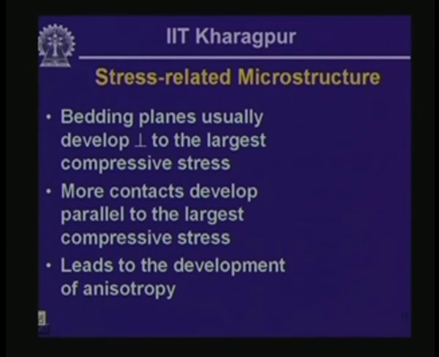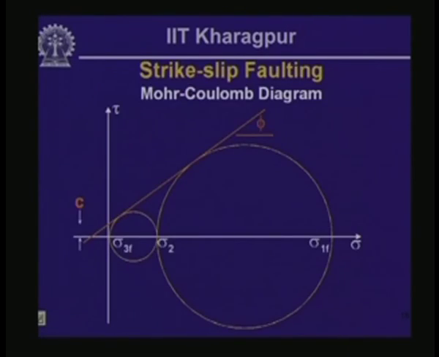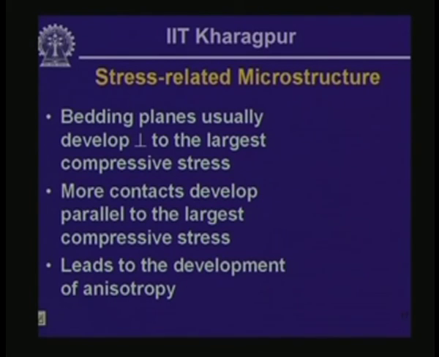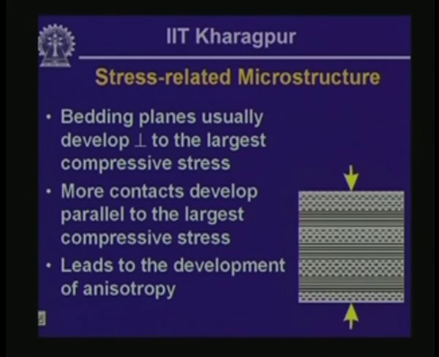We look at this process by considering a block of horizontally bedded, horizontally laminated rock, subjected originally to very high stress in the vertical direction, because that was the stress regime under which horizontal bedding is going to develop.